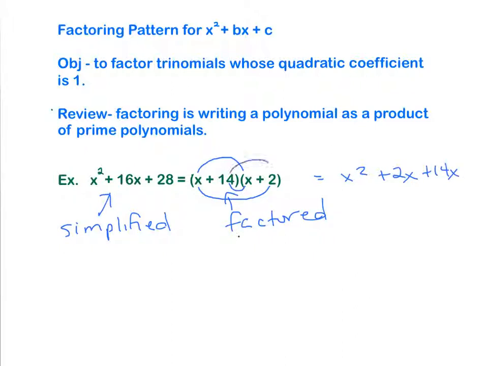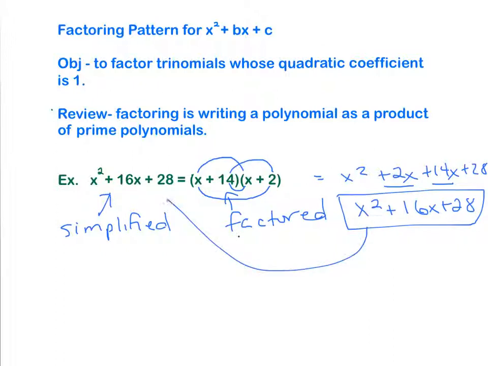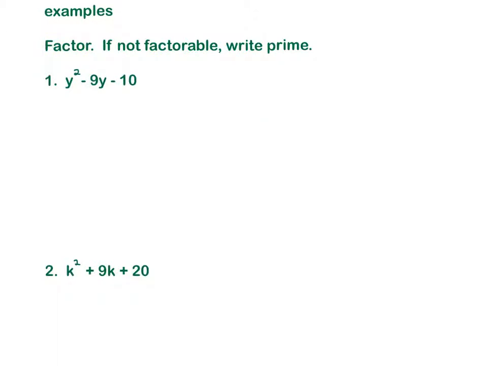And then I take my last, I get 28. And when I combine my outside and my inside, I'm going to get x squared plus 16x plus 28, which is exactly what I had in the simplified polynomial form. So they're equivalent. One's just considered factored, and the other one is considered a simplified polynomial.